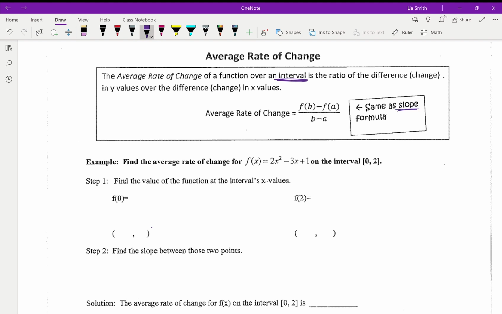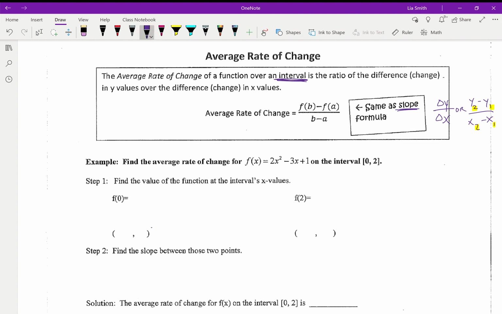So if you think back to whenever you learned about slope, that can be the change in y over the change in x, otherwise known as y2 minus y1 over x2 minus x1. Super important thing to notice in this formula is that the 2's always come first and the 1's always come second.